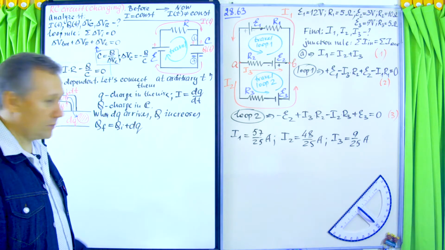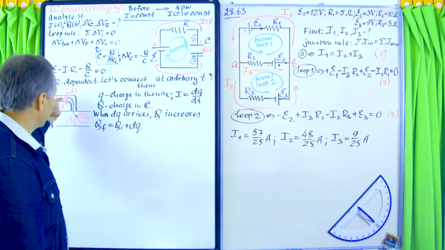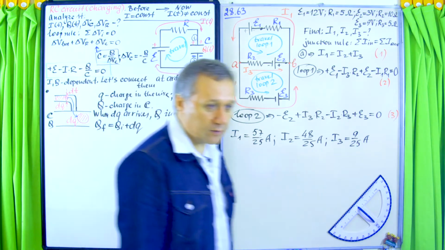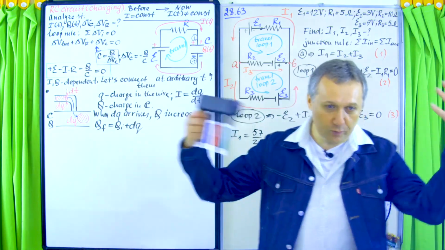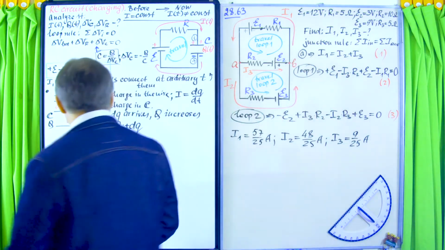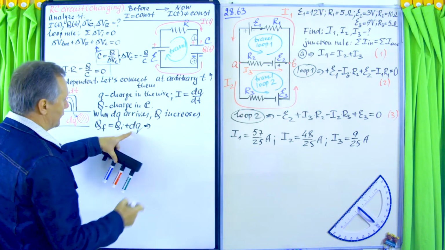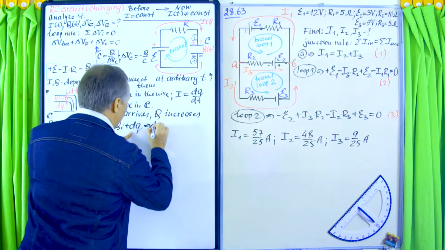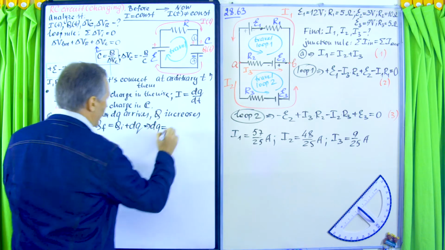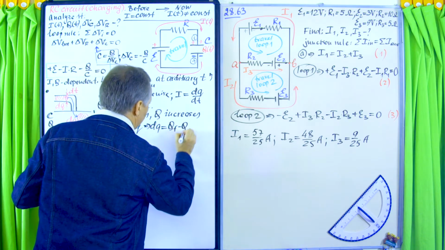Charge from the wire arrived into the capacitor, and the amount of charge in the capacitor went up. From here I can solve for dq small: dq small equals q final minus q initial.